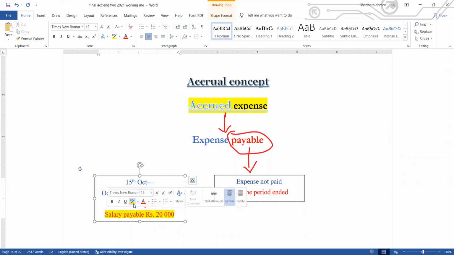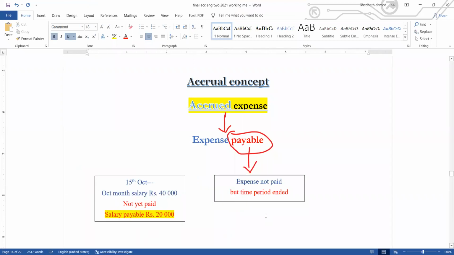Since half a month of the period is finished, your salary payable amount is only half a month for the time period ended. 20,000, not 40,000. Does anyone have a doubt?